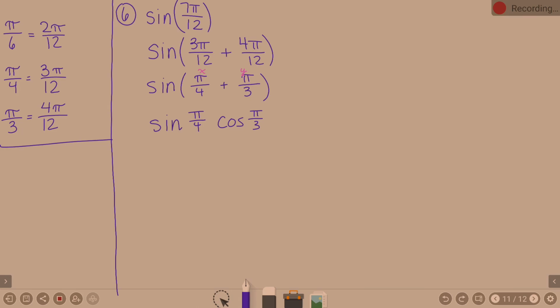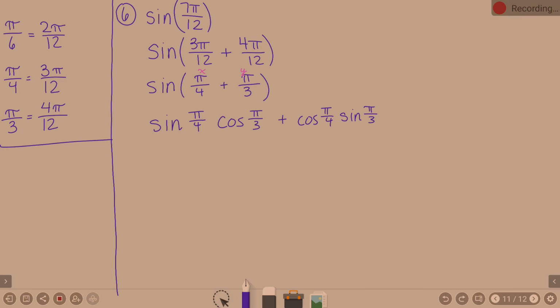With the sine identity, do I use the same sign or change the sign? Same sign. So plus. Now we're going to do cosine of x, so cosine of pi over 4. Sine of y, so sine of pi over 3. This is just like example 1 now. And in fact, the answer is going to be really familiar.